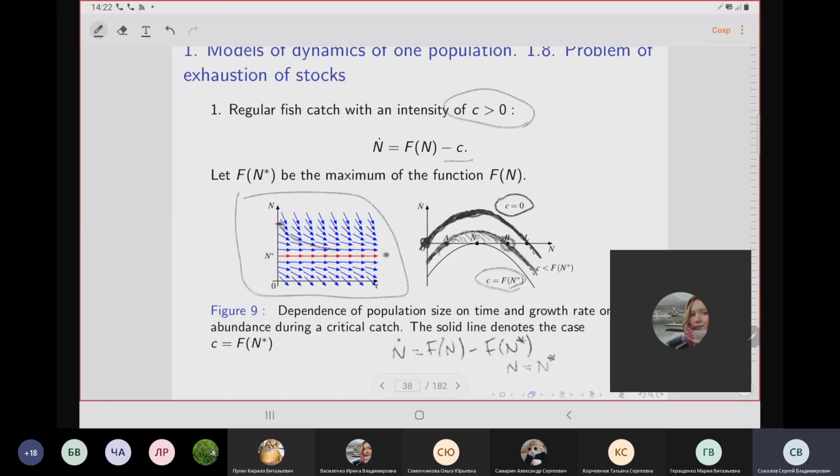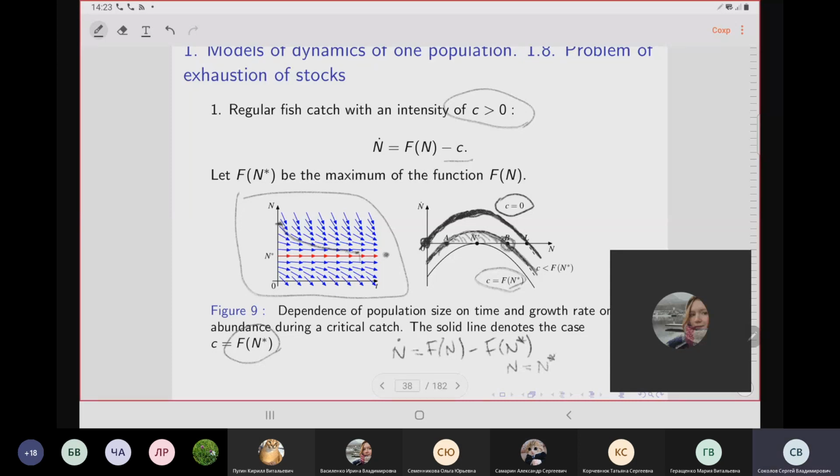Then the population will decrease, and if something happens in real life, always something happens, for example, at some day the fishing will be bigger than f of n star, or maybe there will be some accident in the pool, bad weather, bad water, some disease.